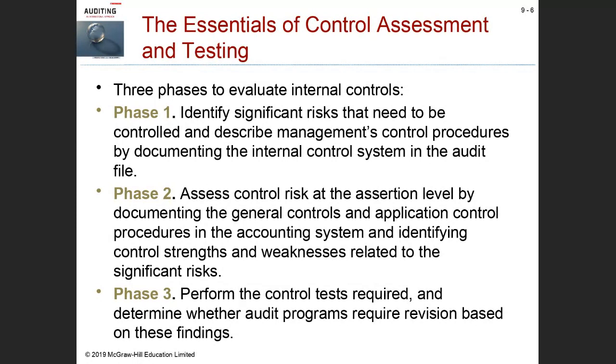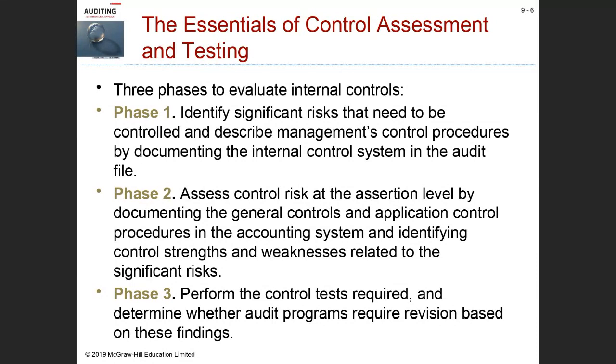The auditors have to study and document management's internal control system before we can rely on it. So that's the first phase, identifying the internal controls that are relevant to the auditor for purposes of auditing the financial statements.